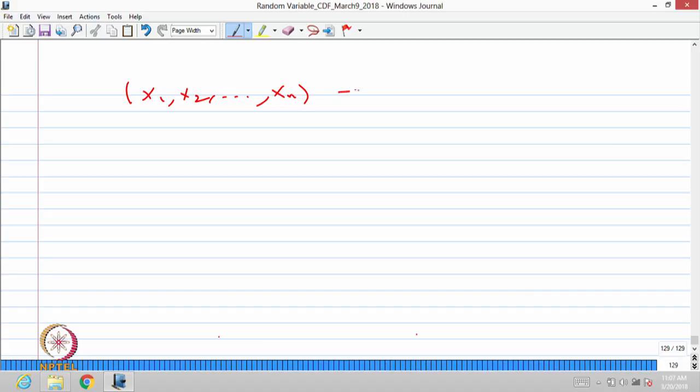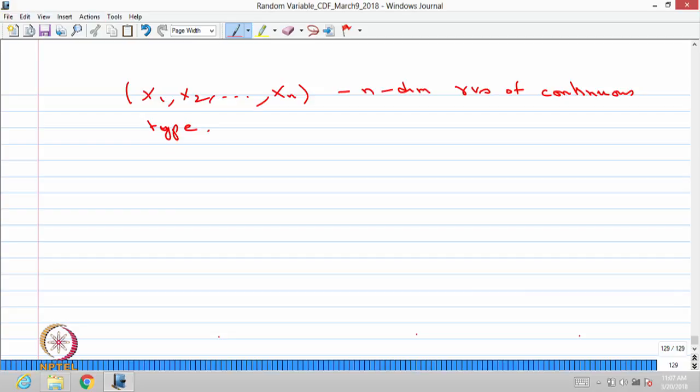That means this is an n-dimensional random variable of continuous type, meaning each random variable is a continuous type random variable. Therefore, we get an n-dimensional random variable of the continuous type.